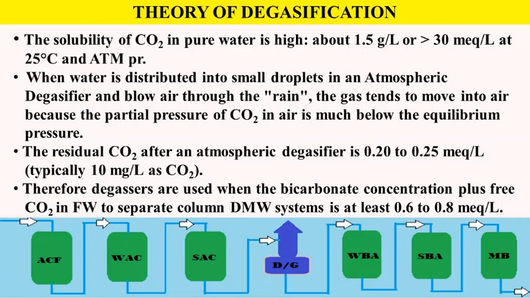So when water is distributed in small droplets and air is blown through it, CO2 is released due to the difference in partial pressure. CO2 partial pressure is less than that in air. So naturally at that condition, CO2 is evaporated and getting out.